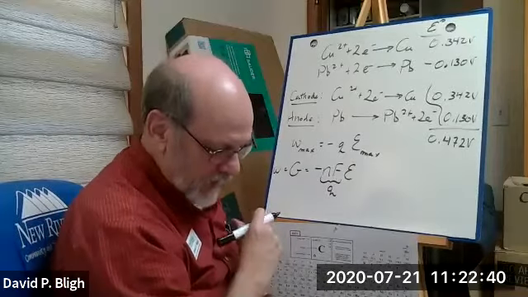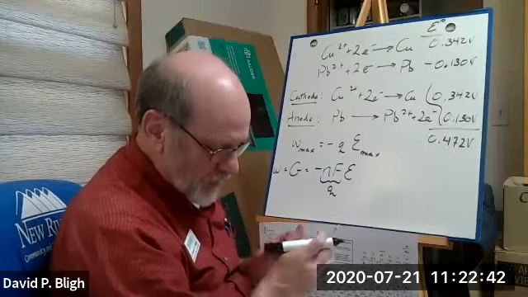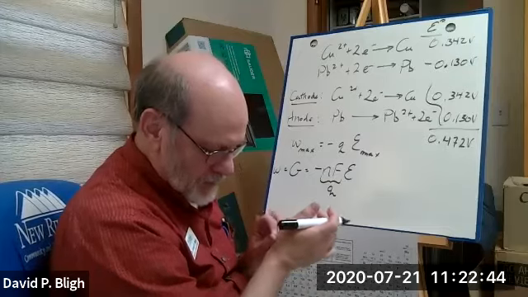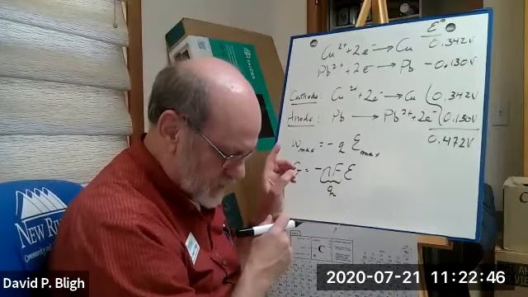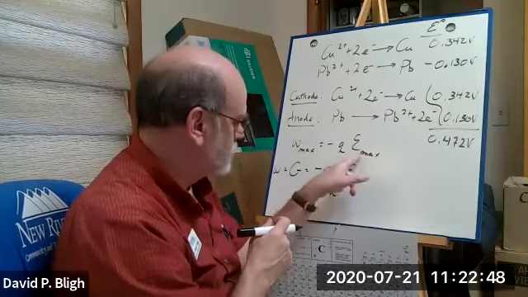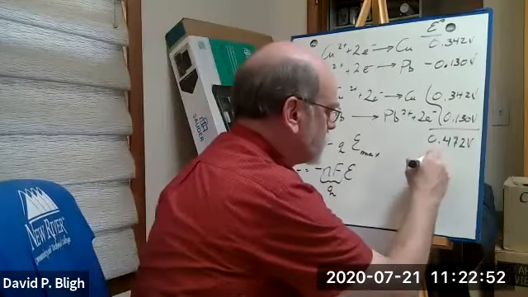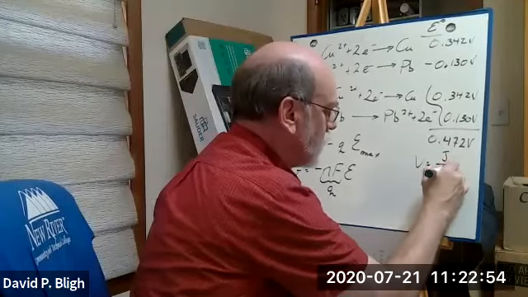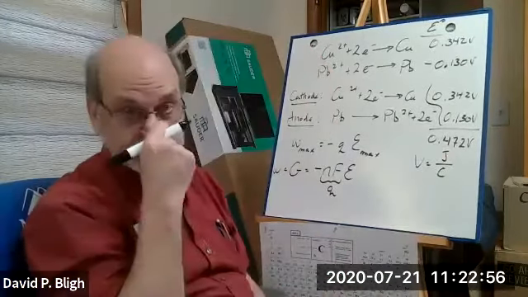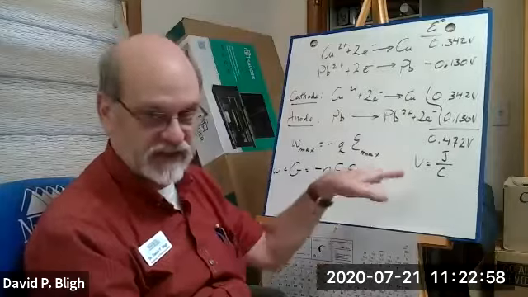Okay. So what we have to do is determine what this value is. And remember that voltage is equal to joules per coulomb. That's an equivalence.